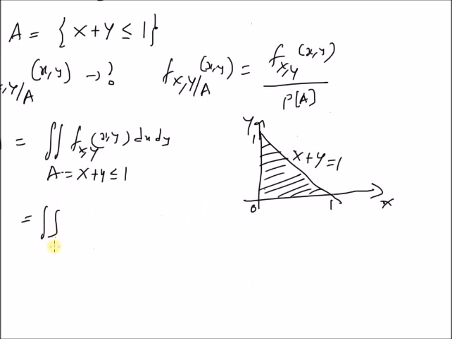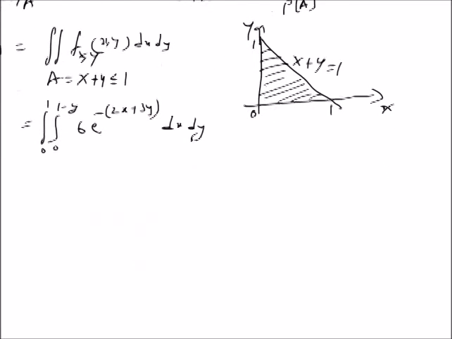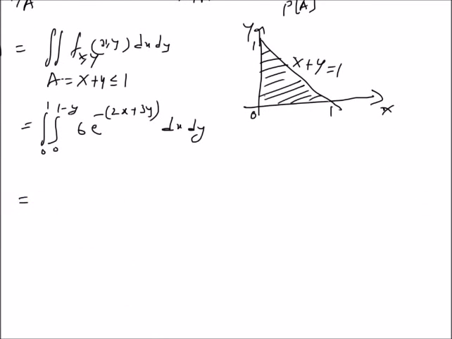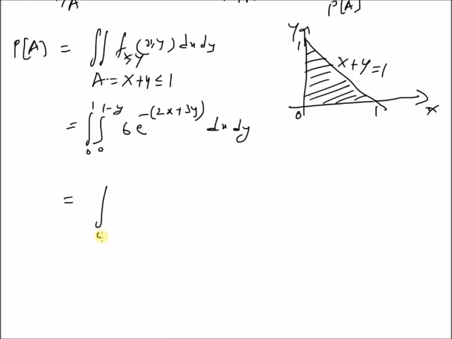The function is the PDF, 6 e^(-(2x+3y)) dx dy.